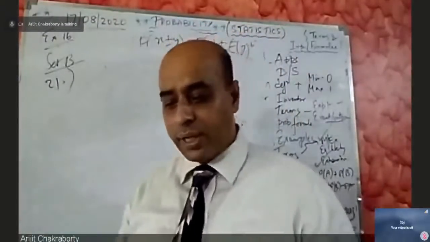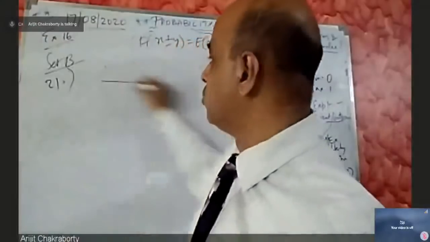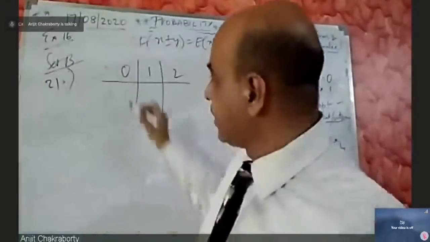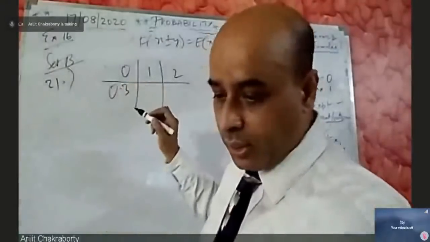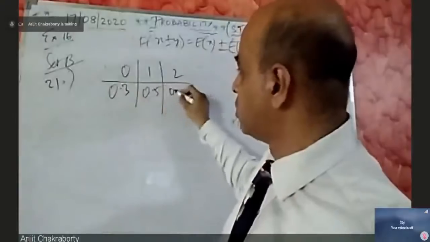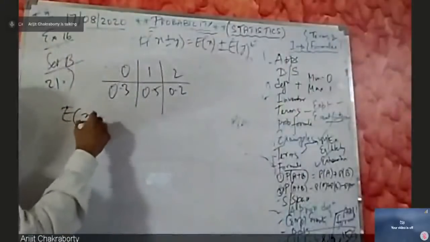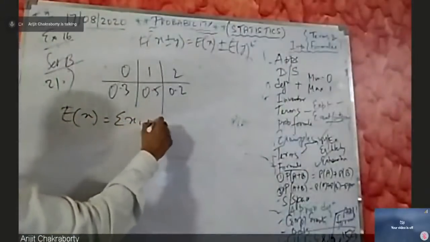21. If a random variable x assumes the values 0, 1 and 2, with the probabilities 0.3, 0.5 and 0.2, then what is the expected value? Simple. So we know E(x) equals sigma xi into pi.